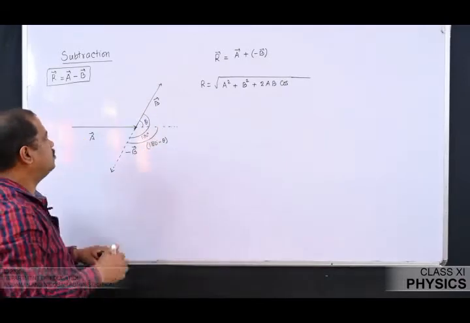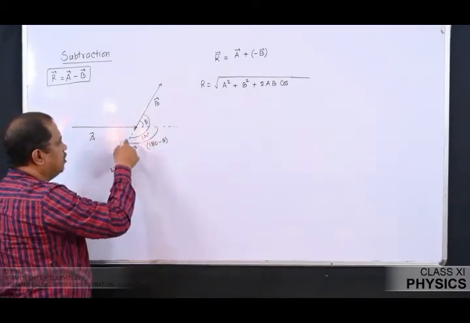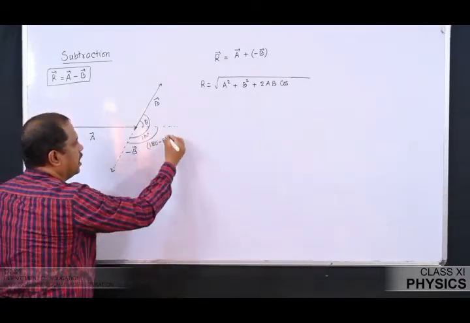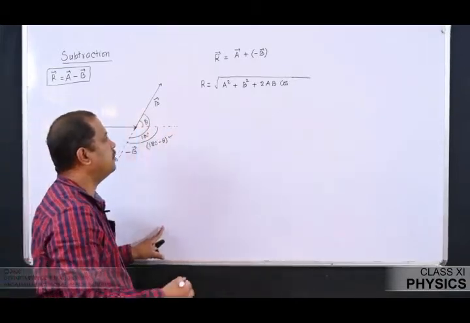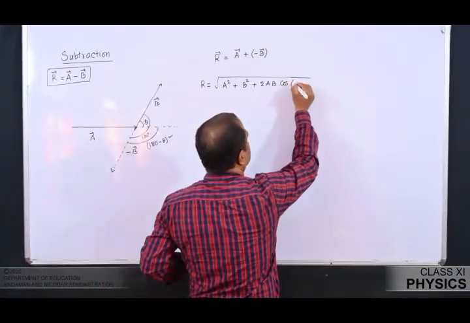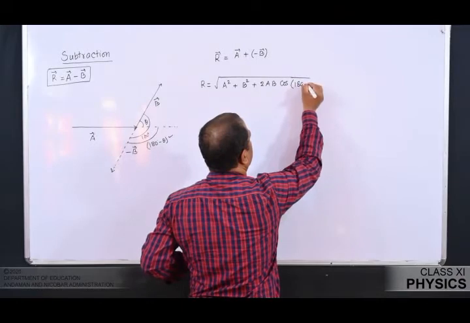Which one? A and minus B. So A vector is this one, minus B vector is this one. The angle between them is 180 degree minus theta. So I am going to write 180 minus theta.